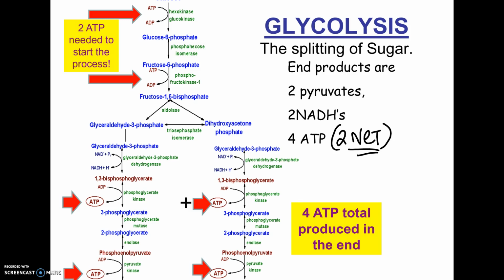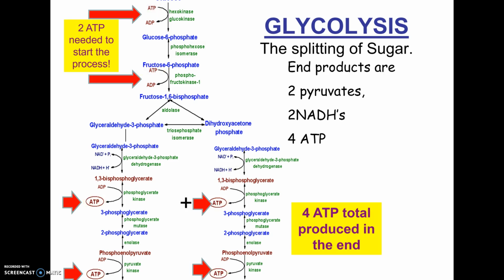And you can also see here's where the 2 ATP are required to get it started. So the 2 ATP go in, but then if you look down here, 4 ATP end up coming out. And here's where the NADHs are made. 2 NADHs are made down here. So again, that's what it actually looks like, and this is your summary.